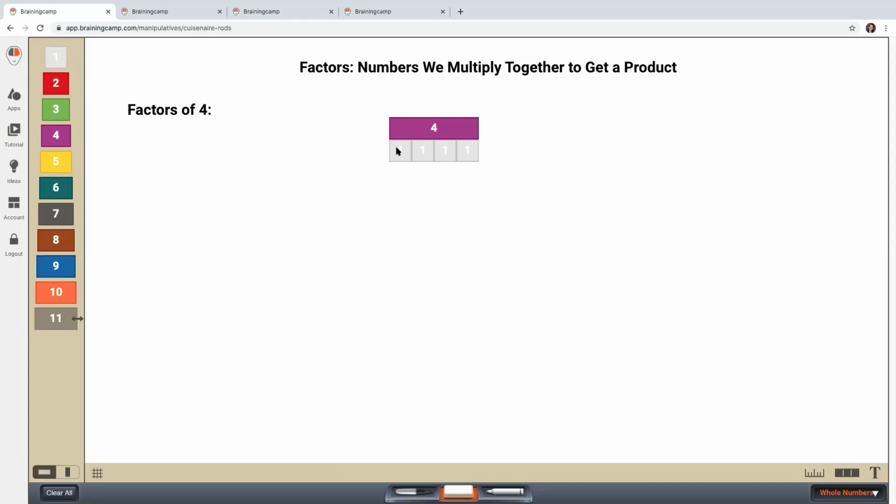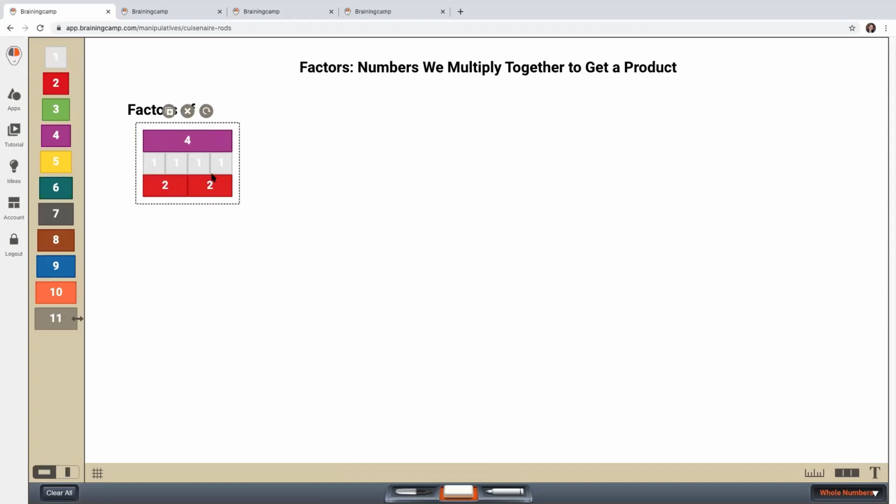Okay, so I was able to find 4 of these ones are the same length as the 4. And I'm going to check with the 2 tile, find that 2 of the 2's tiles are the same length as 4. And 3, I can already tell, is going to be too big, and I know that 3 times nothing is 4, and I already have a number 4. So these are all the factors of 4, and I'm going to write these out in a list.